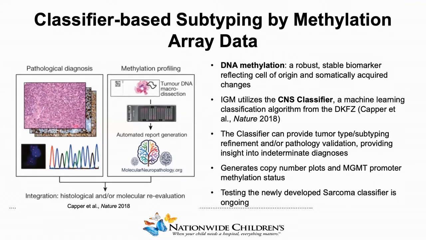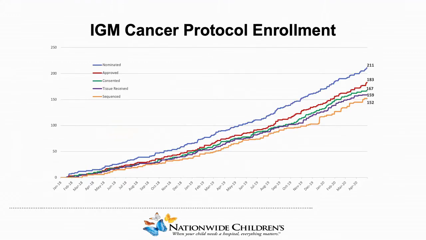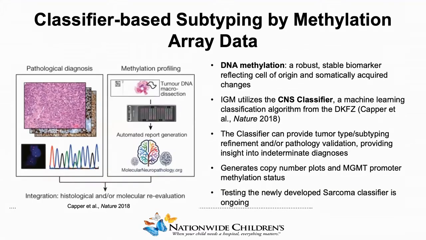This can also provide insight into indeterminate diagnoses where the pathology approach is not clearly identifying the tumor type. It can also tell us information about copy number, which we also get from the tumor-normal comparison in sequencing, as well as the MGMT promoter methylation status. We're also planning to develop and add on the sarcoma classifier to this as well.